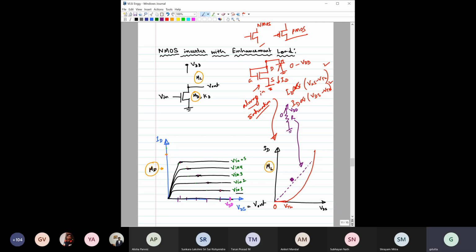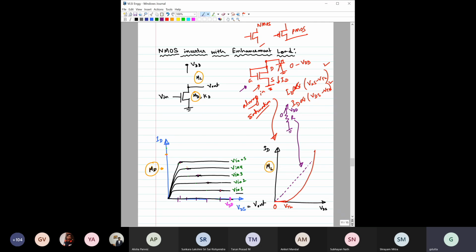But if you use this transistor, you get a different IV characteristic, which is not linear, but it is behaving like a load. This type of connection is called the enhancement load.